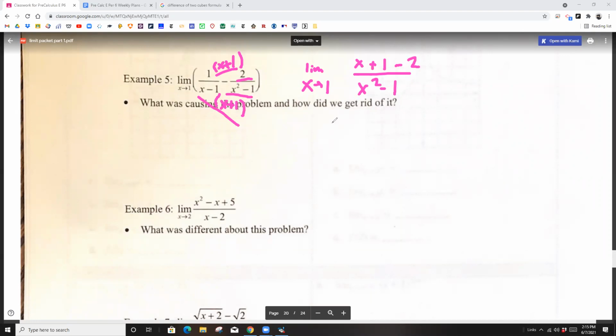And when you add two fractions, you add the numerators and keep the same denominators. Now, by getting a common denominator, and condensing this down to one fraction, we're now able to simplify it. This may not always happen, but it does here. So x plus 1 minus 2 is x minus 1, and then x squared minus 1 is x minus 1 times x plus 1.